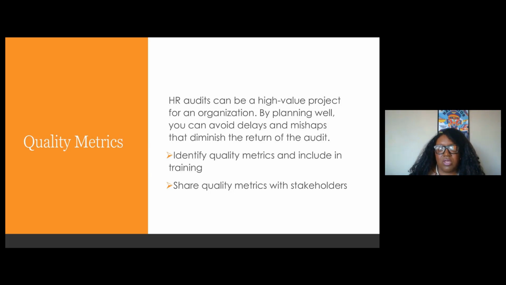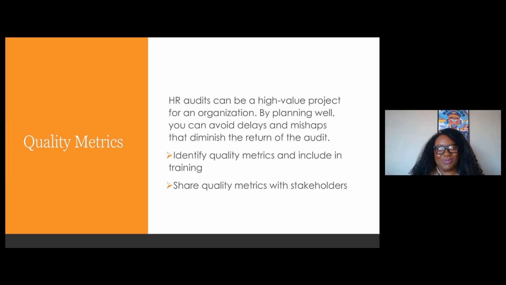Let them know, again, what those metrics are, how you're going to measure it, how you're going to determine success. So if you're going to assign yourself a grade level, do it up front. You're going to say A is 90% and above, B is 80% and above, and so on. Share those metrics up front so that they are also aware of how to determine success. And I will tell you, because that can become another point of equity, right?